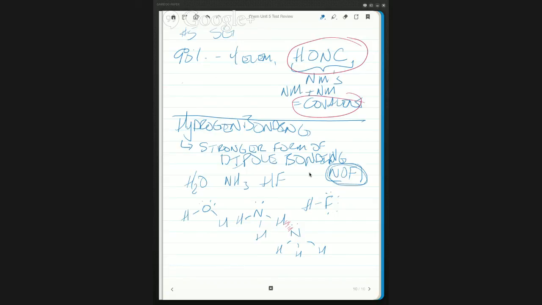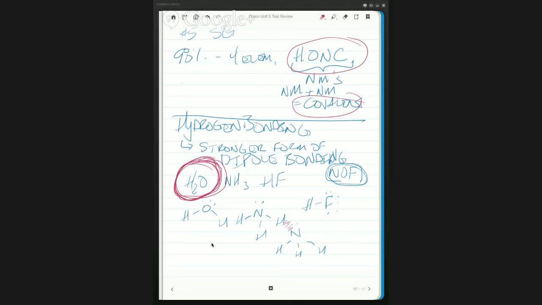or oxygen or fluorine. And the molecule that we really care about, I cannot emphasize the whole water thing enough. You need to be best friends with water. You need to be on a first name basis. You should be able to draw five water molecules in your sleep, knowing that it's bent, that it's polar, that you have dipole bonding, and that it's in fact hydrogen bonding because it's a stronger form.